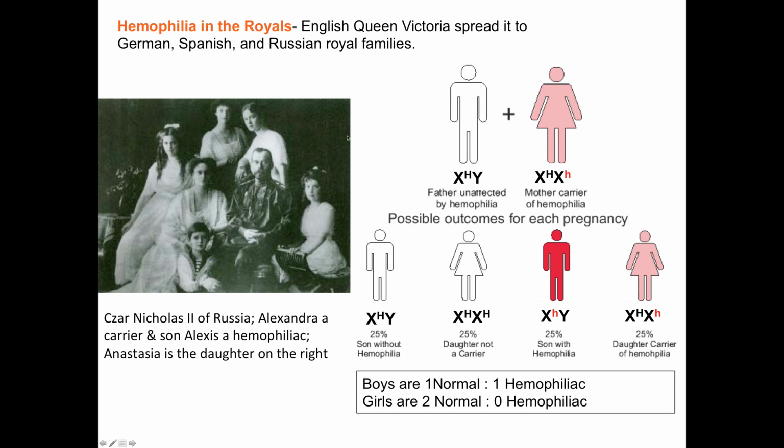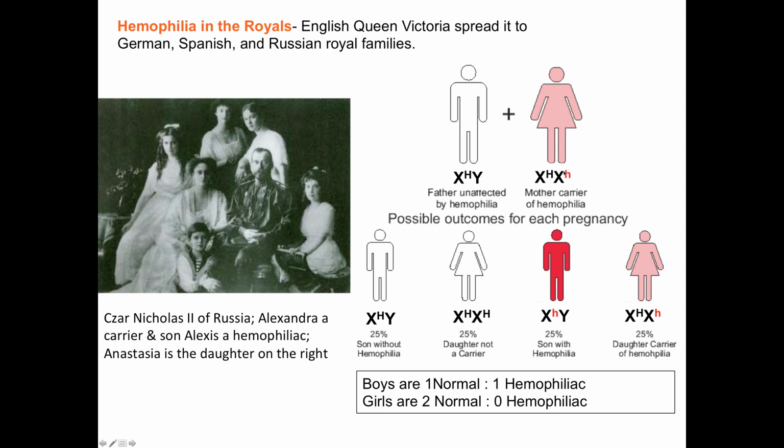So if we were looking at this family and the father was completely unaffected, normal gene, but the mother was also normal, but unbeknownst to her was a carrier, she would pass that allele down to 50% of her sons, right? She has a 50-50 chance. So out of the sons, half of them would be likely to have hemophilia.